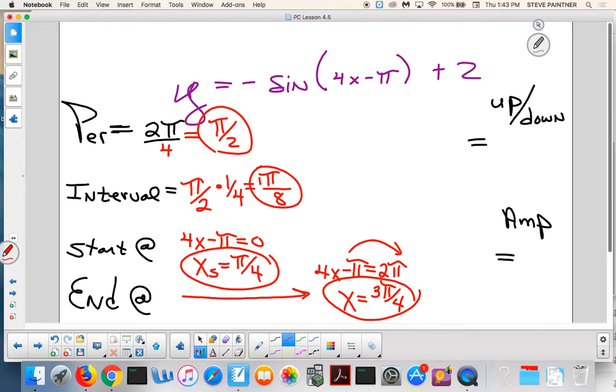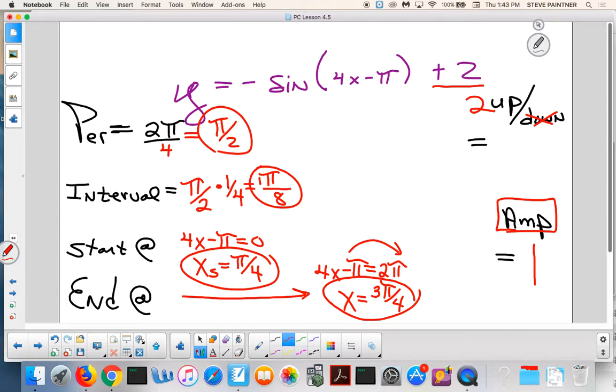I've completed the whole wave, but what's this up, down? How far up do I move it and how far down? Is it up or down? Yeah, it's right there. Up 2. So it's 2 up, and then the amplitude is? Is it -1 or 1? 1.